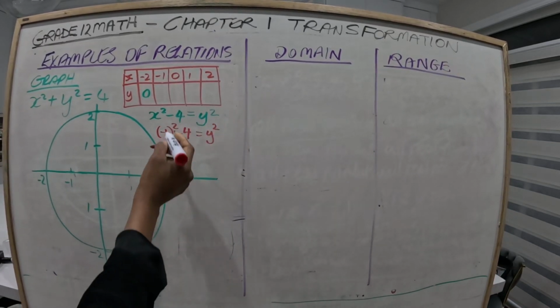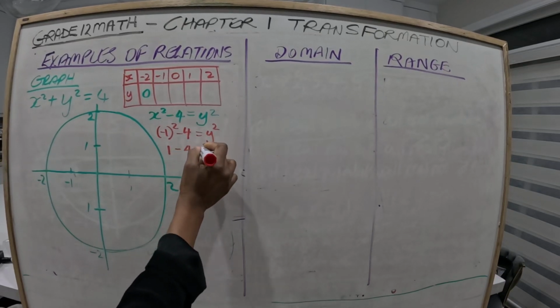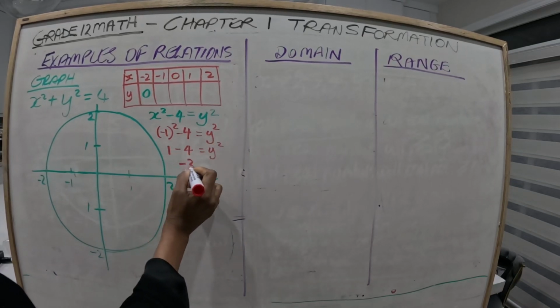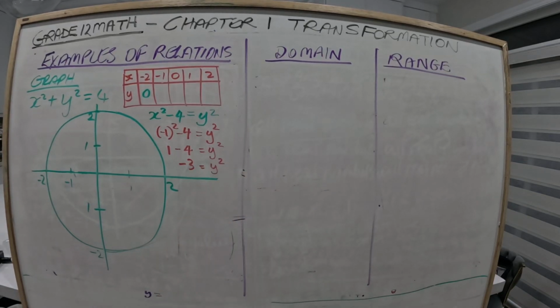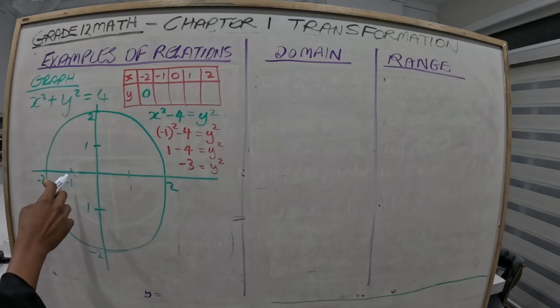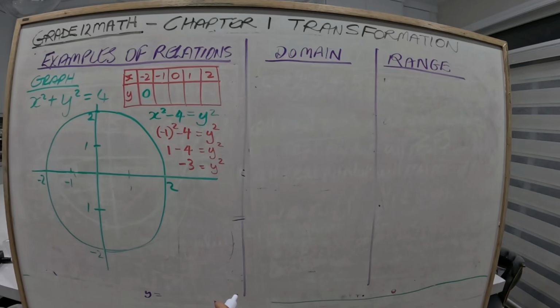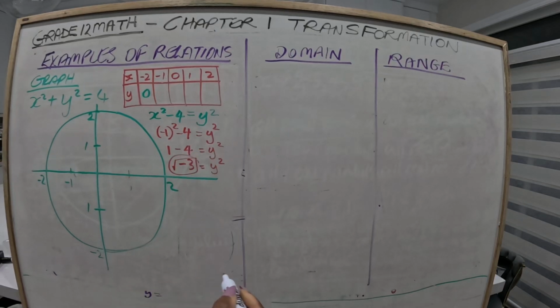Now this one, when x is -1 minus 4, what is y? Okay, let's figure it out. So that will be 1. 1 times 1 is 1, minus 4 equals y squared. So that's -3. Y squared is -3. So when x is -1, there's no value, and the reason is because you cannot do a square root of a negative.